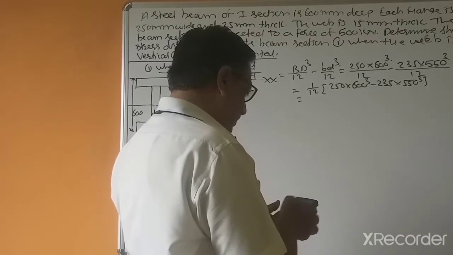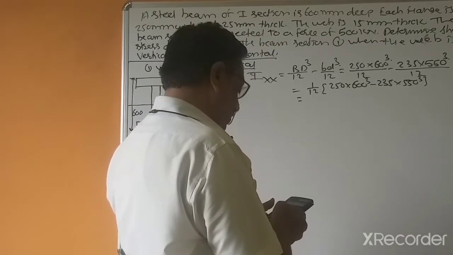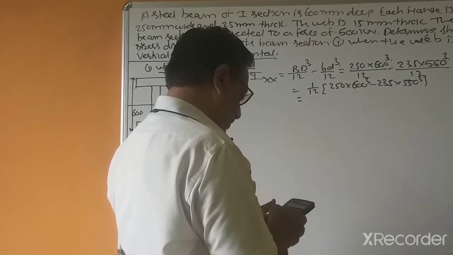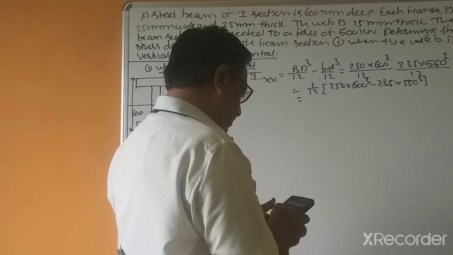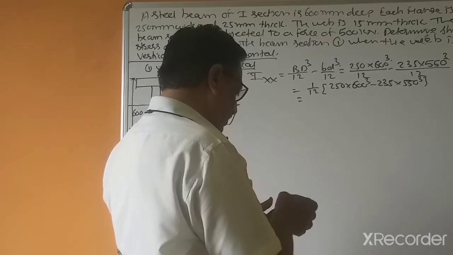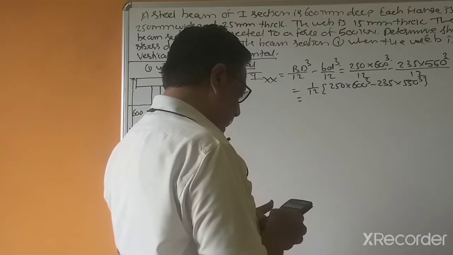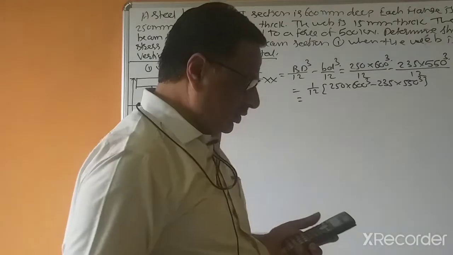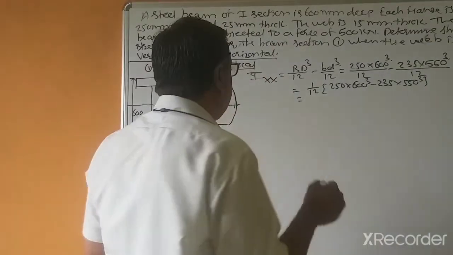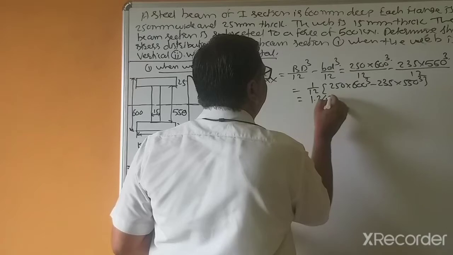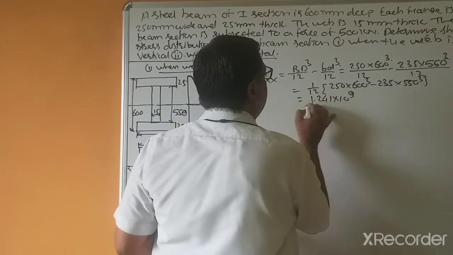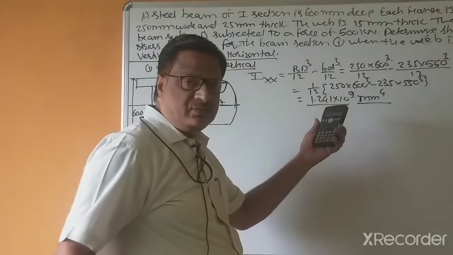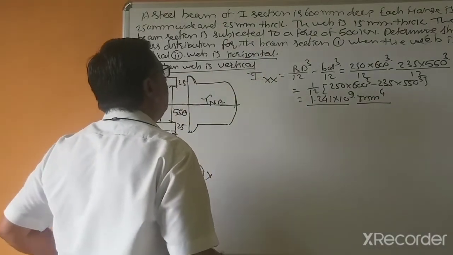So this is 250 into 600 cube minus 235 multiplied by 550 cube, divided by 12. This gives 1.241 times 10 to the power 9 mm to the power 4, because this is the moment of inertia.